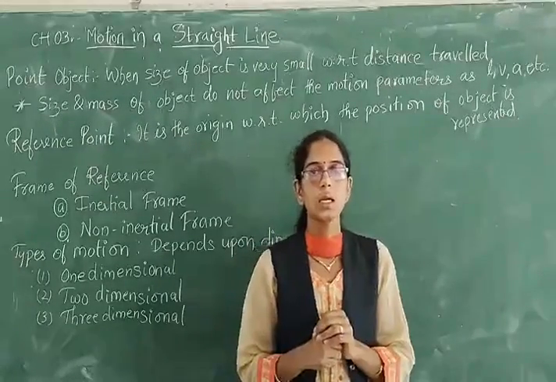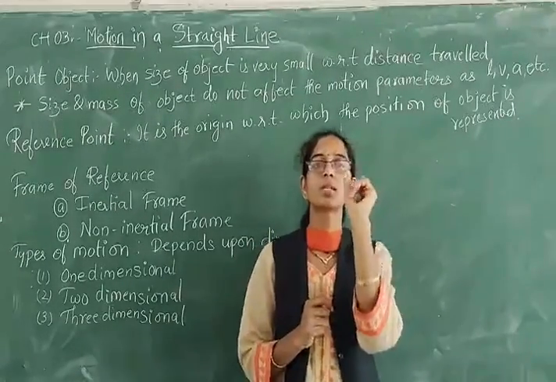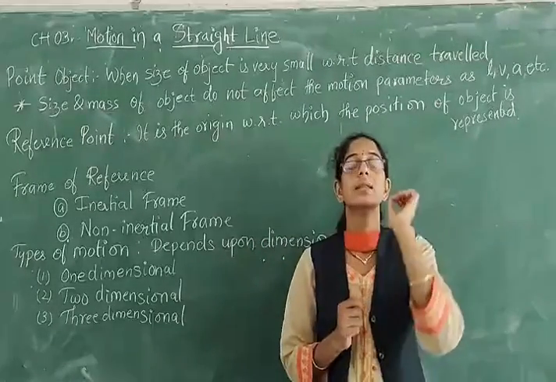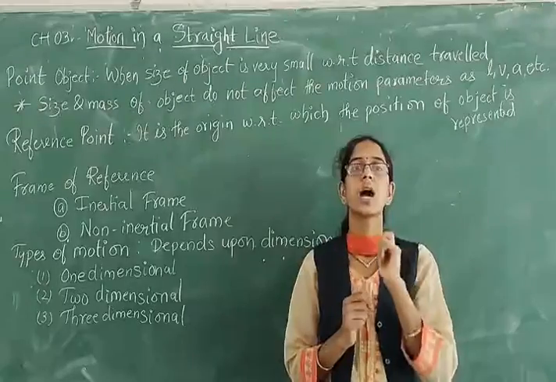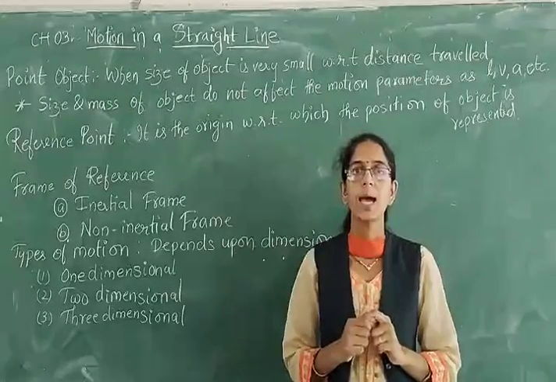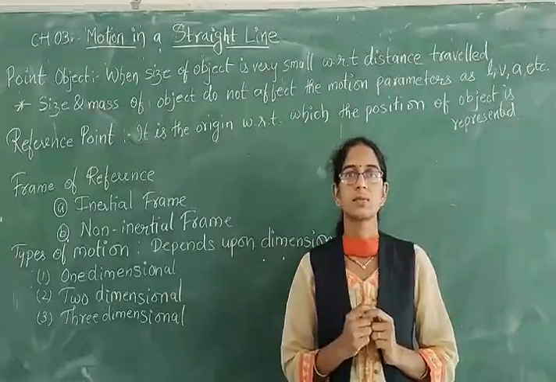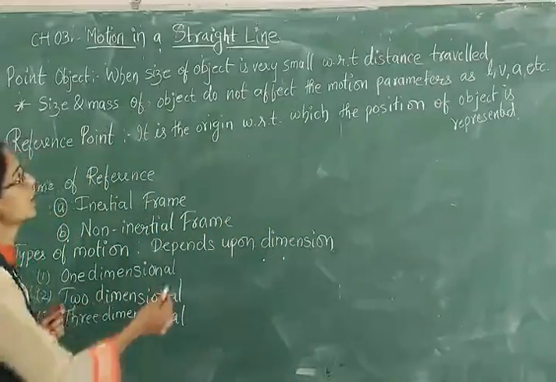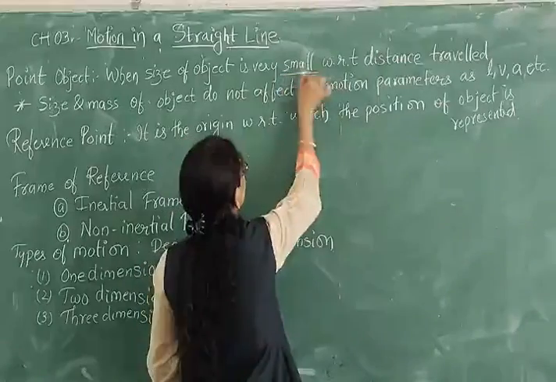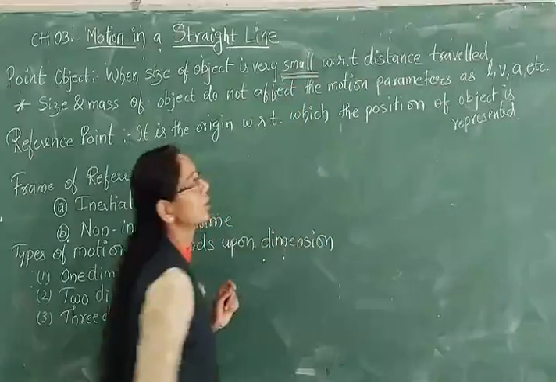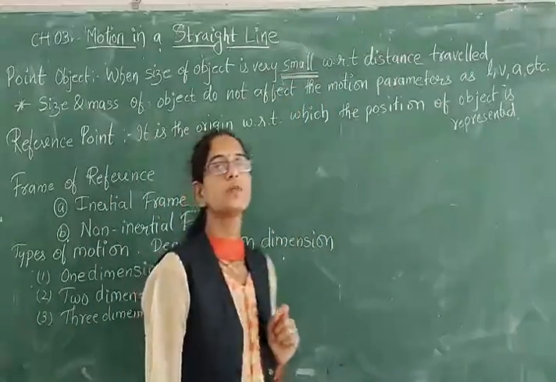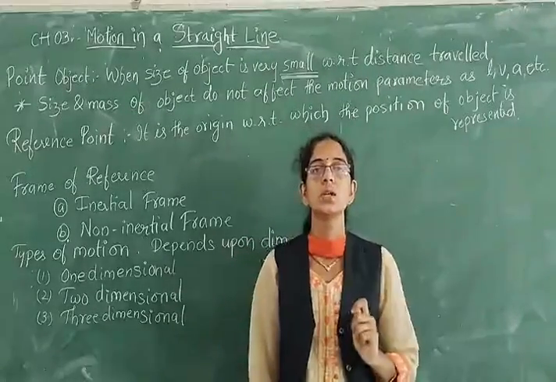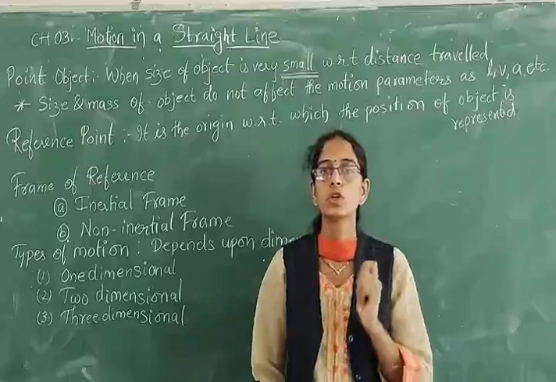Where we are not much concerned about the size of the object in comparison with the distance, that type of object is considered to be a point object. Here, the object size is considered to be very small.